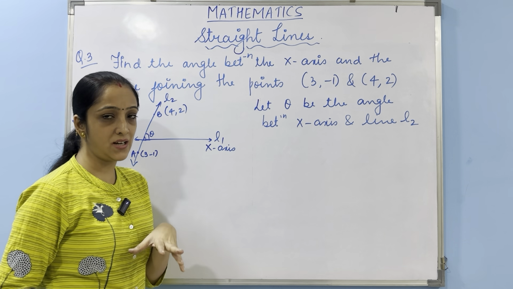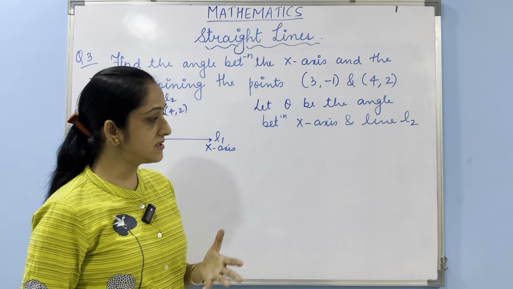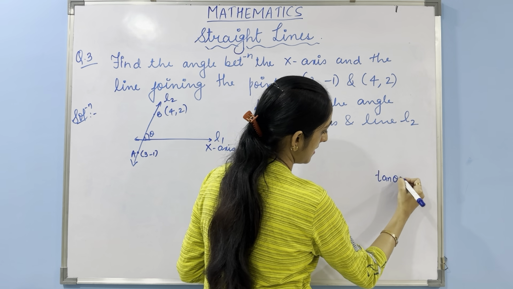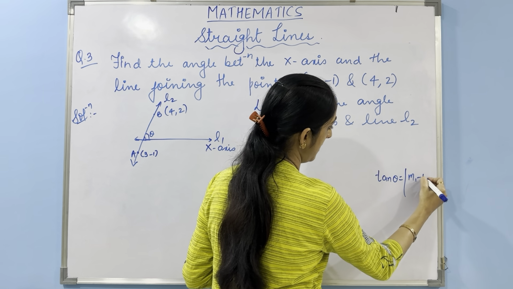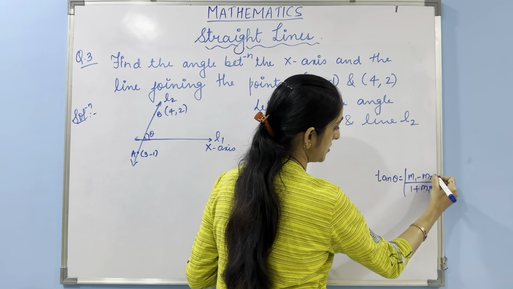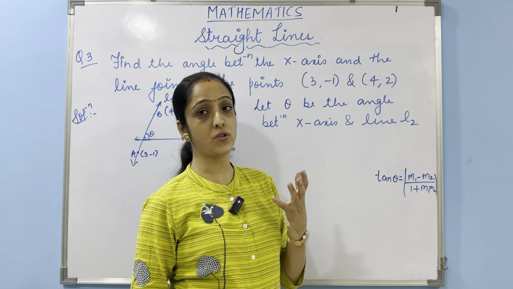Now we know one formula: the acute angle between two lines is given by tan theta equals mod of m1 minus m2 divided by 1 plus m1 m2. And m1 and m2 are nothing but the slopes of those two lines.